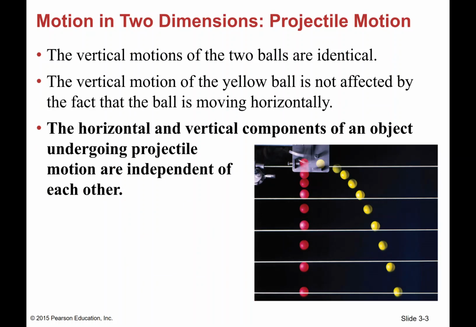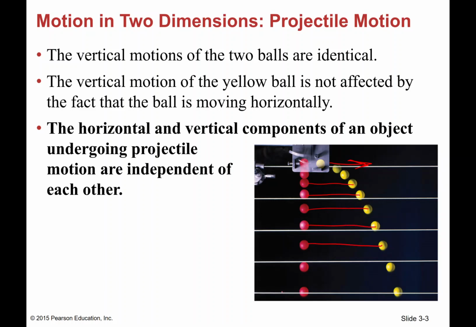Here we have some pictures, some frames of real balls that are dropped. The red one is just dropped, and the yellow one is launched with a velocity in the horizontal axis. So you can see that the motion in the vertical direction is pretty much the same, right? All these lines coincide.